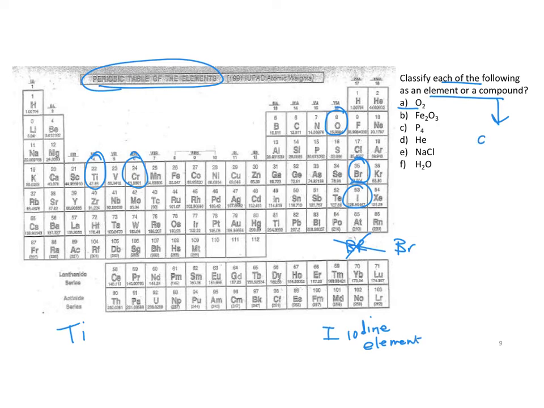So this oxygen is a diatomic element, and you're going to have to know your diatomic elements. So what are your diatomic elements that you have to have memorized? I'll show you. There's 7 of them. So hydrogen, oxygen, nitrogen makes a 7.